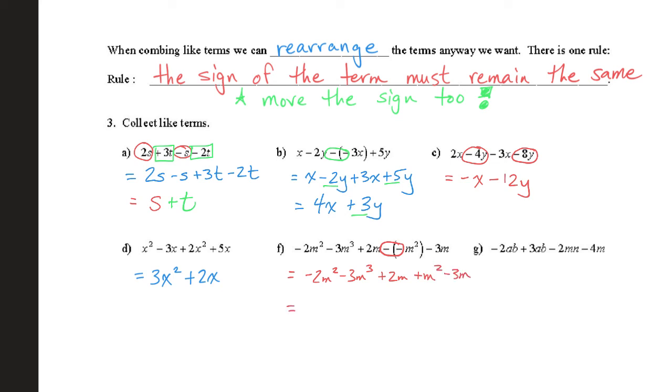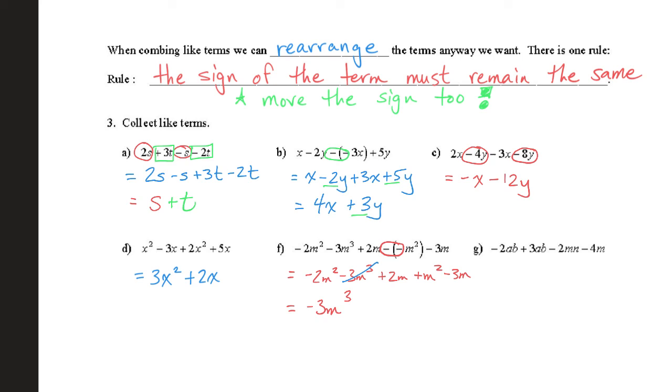Now, what is the best way to represent this expression? If you recall from yesterday, it's to write it in standard form. And standard form means descending order. So I'm going to put my highest power of m first. That takes care of that term. Now I can collect my m squareds.